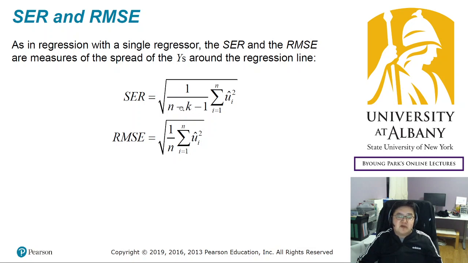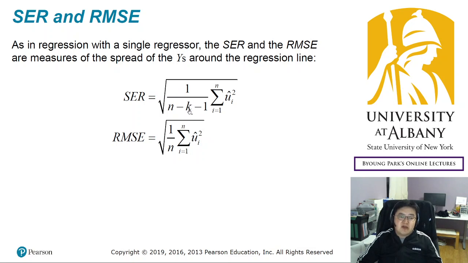The degrees of freedom is the total sample size, but out of this much information, you have consumed k+1 because you have to estimate the intercept and the slopes, as many as the regressors.